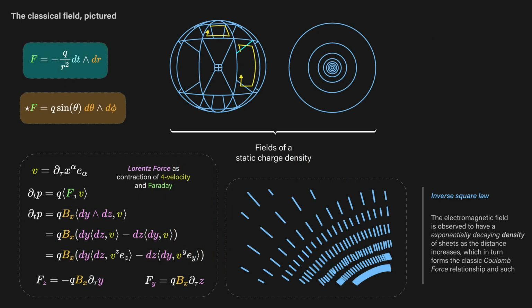Here we can see a very rudimentary picture of what the electromagnetic field looks like under this discretization.